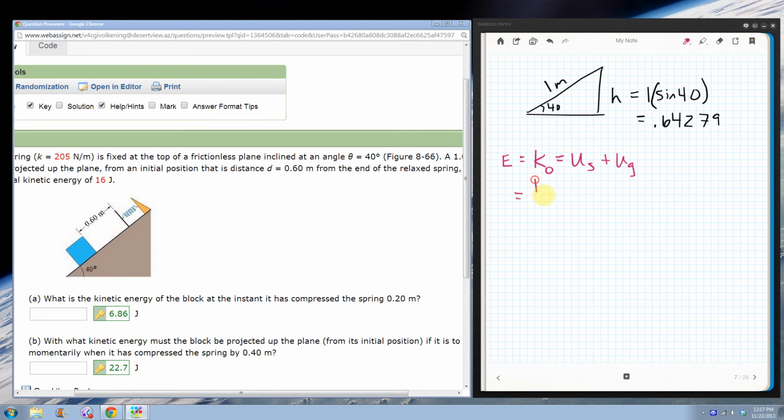So stored in the spring, I've got k over 2 times how far it's compressed squared plus mgh. Okay, so that's the same k, so 205 divided by 2. It's compressed 0.4 meters, 0.4 squared, plus, mass is still 1 kilogram, gravity is always 9.8 meters per second squared, and now I know my h is the sine of 40. Put all that in my calculator, and I should get 22.7.